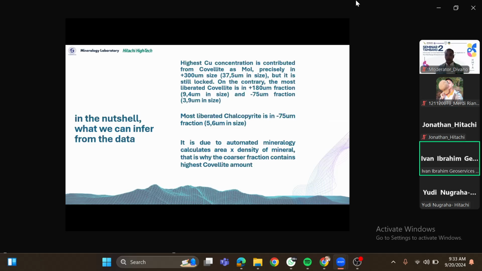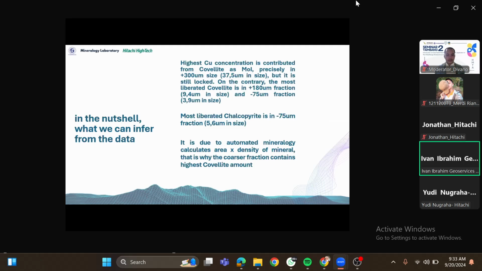As mentioned, kita nggak bisa menjadikan automated mineralogy ini sebagai bukan alat. Dia memberikan support yang sangat esensial, sangat penting untuk kita sebagai user membuat keputusan.